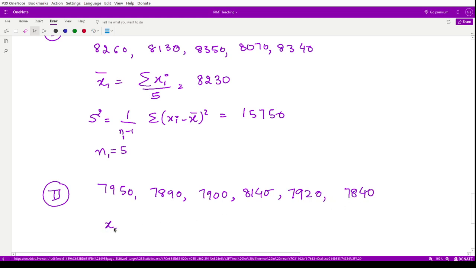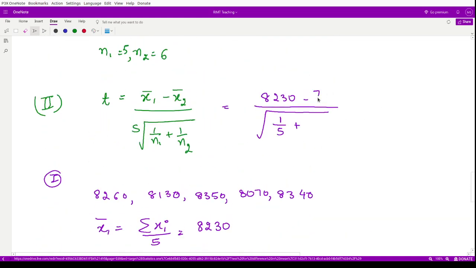For this, your mean x2 bar would be calculated by summing all the data values divided by 6, because here your n2 is 6. In this case, the value of x2 bar comes out to be 7940. N2 is 6.